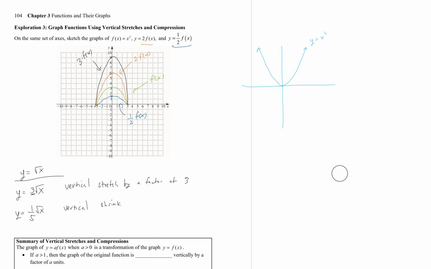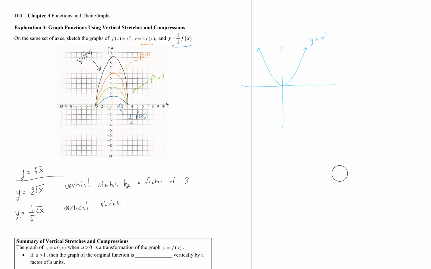Now you're thinking, okay, great, but how do I know if it's going to stretch or shrink? It depends on what you're multiplying. If you're multiplying by something bigger than 1, it's going to stretch vertically. If you're multiplying by something less than 1, like a decimal, it's going to shrink vertically.